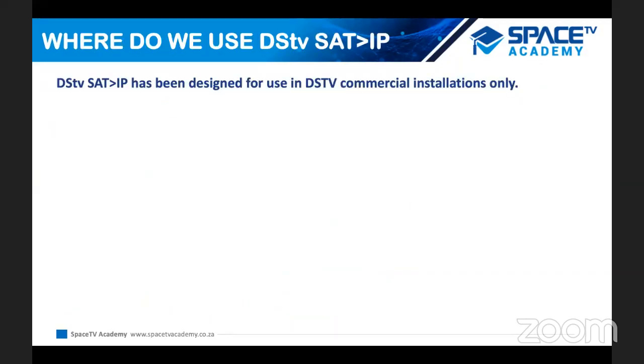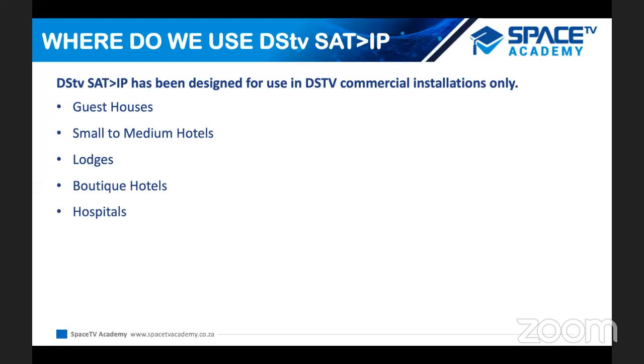Typical applications, where do we use DStv SATIP? DStv SATIP has been designed for use in DStv commercial installations only. That's quite important, that it's only used in commercial installations. Typical applications being guest houses, small to medium hotels, lodges, boutique hotels, hospitals, offices, pubs, clubs, sports bars, and shopping malls.